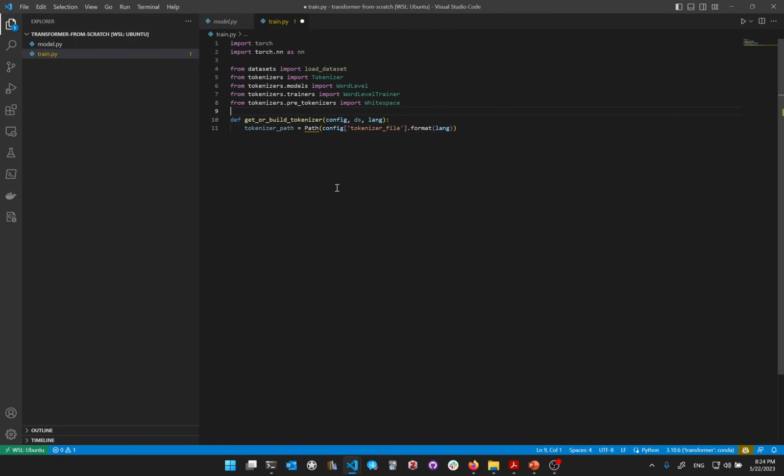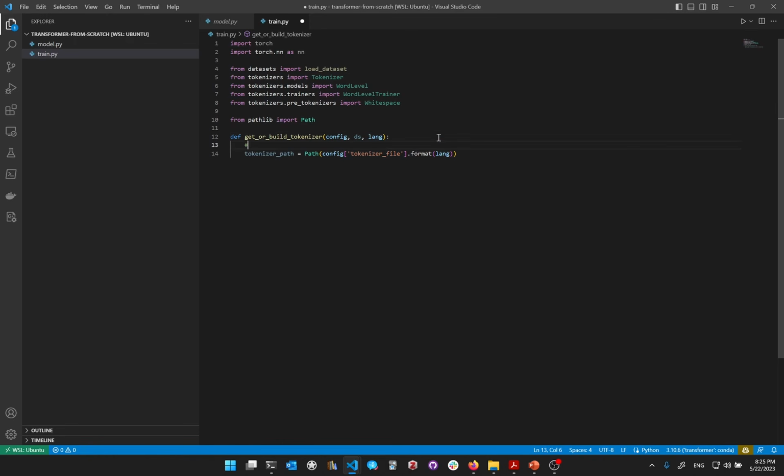Okay, let me define some things. First of all, this Path is coming from pathlib. So from pathlib, this is a library that allows you to create absolute paths given relative paths. And we pretend that we have a configuration called the tokenizer file, which is the path to the tokenizer file. And this path is formattable using the language.